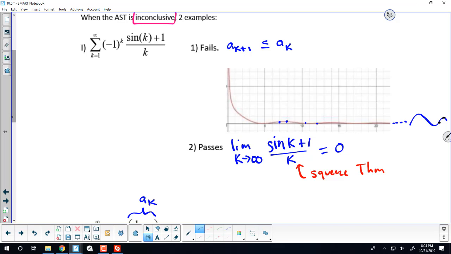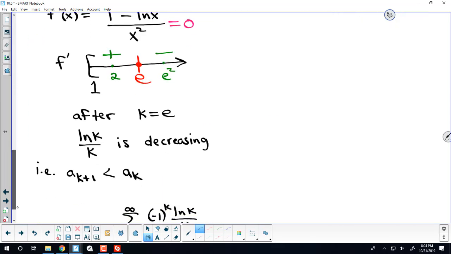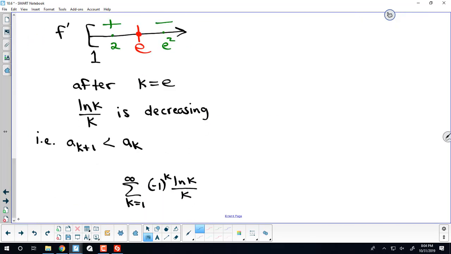Anybody have any other questions or need clarity on that? Okay, so this eventually does decrease, and then the series converges by the alternating series test.